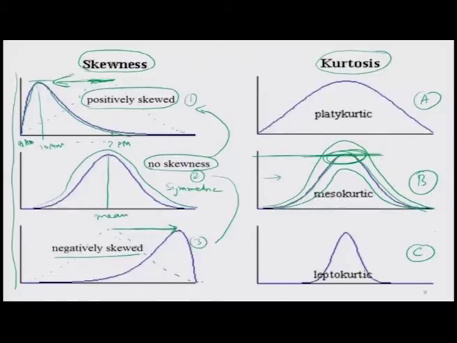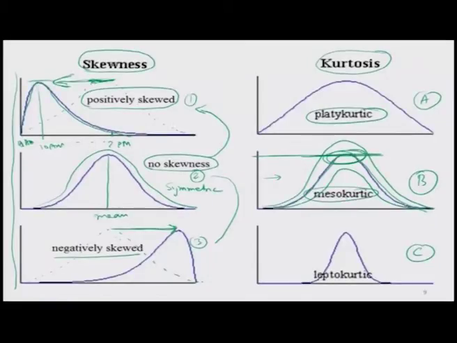We simply try to plot them and we try to study the hump through the property of kurtosis. One will be called as platykurtic, another will be called as mesokurtic, and another is called as leptokurtic, as we have discussed. Now, the question is that by looking at the curve you cannot really decide much, we need to quantify it, both the skewness and kurtosis.